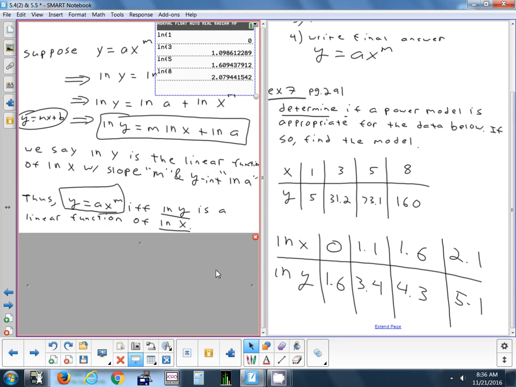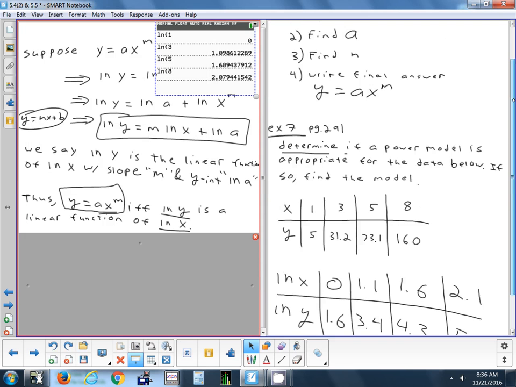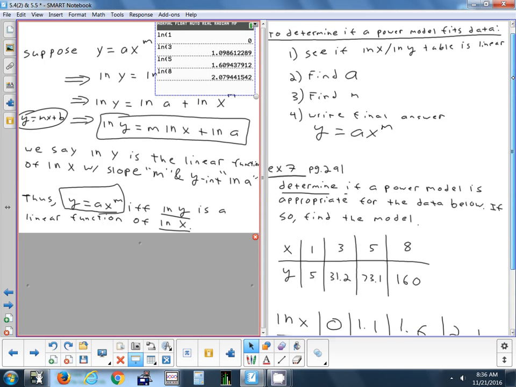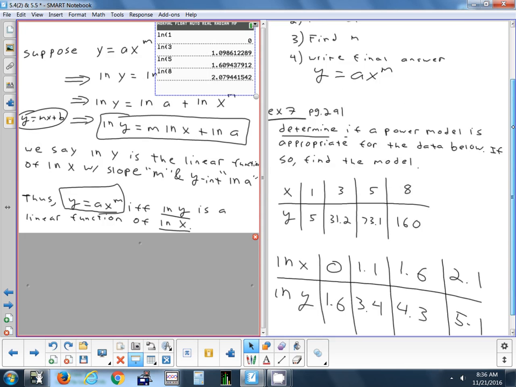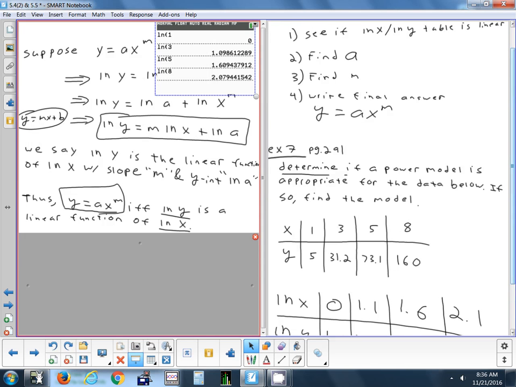So the first thing they want me to do is find A. My suggestion to find A is if you have a point with a 1 in it, use that, because when you take the ln of it, you get a 0. And zeros are very easy numbers to work with.